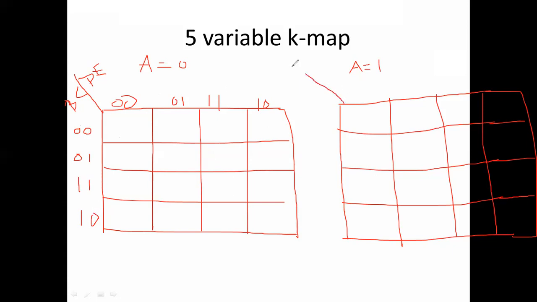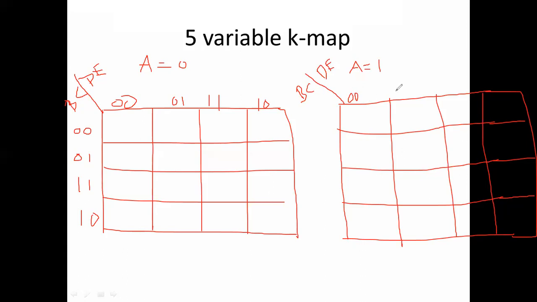Here also BC is taking one side, D is taking another side. So the combinations are 0, 0.